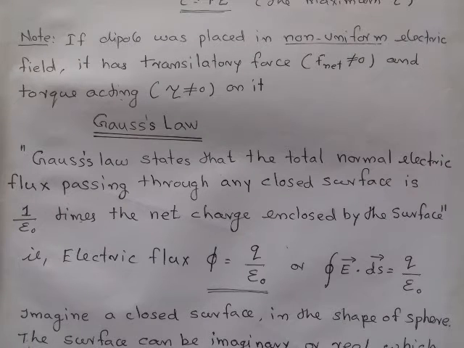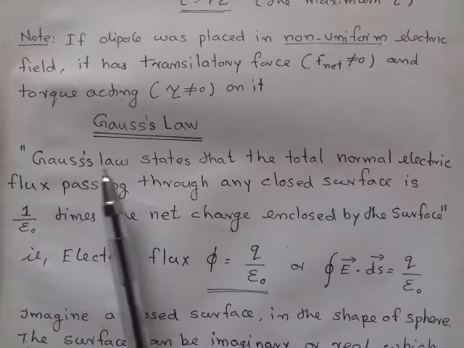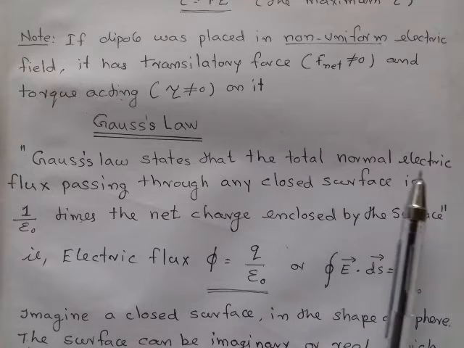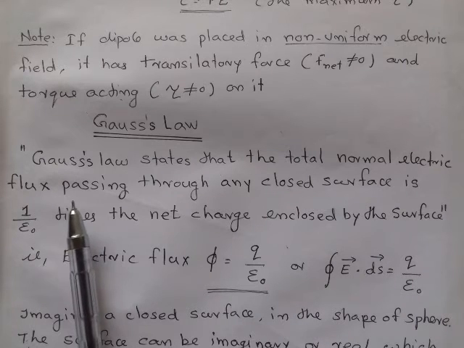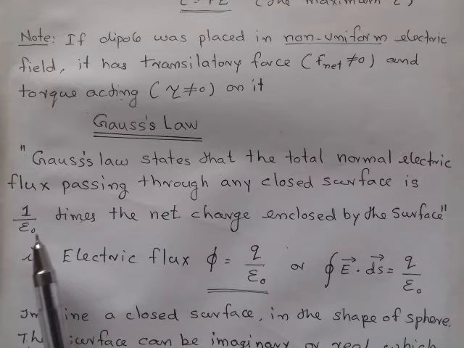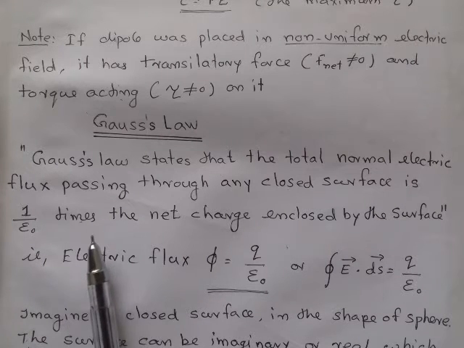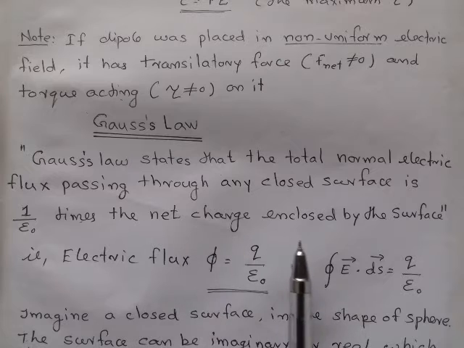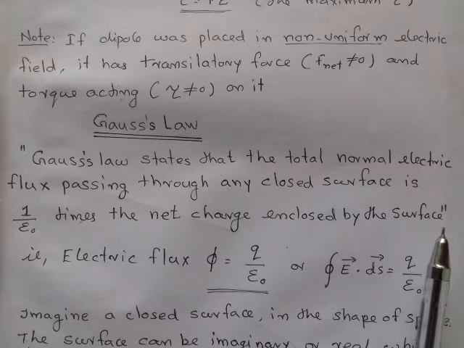So let us go through the statement of Gauss's theorem. It states that the total normal electric flux passing through any closed surface is 1 by epsilon 0 times the net charge enclosed by the surface.